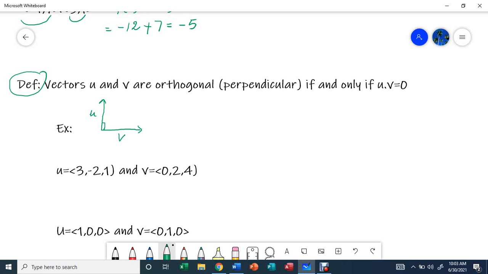u equals 3, negative 2, 1 and v equals 0, 2, 4. So u dot v equals 3 times 0 plus negative 2 times 2 plus 1 times 4.